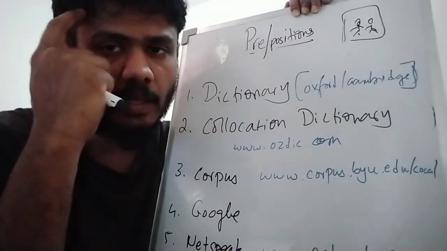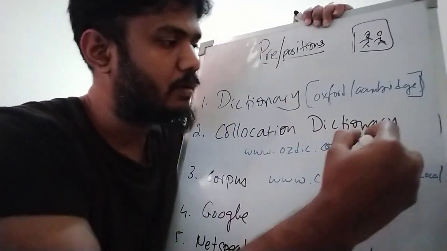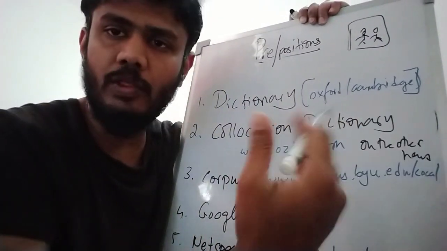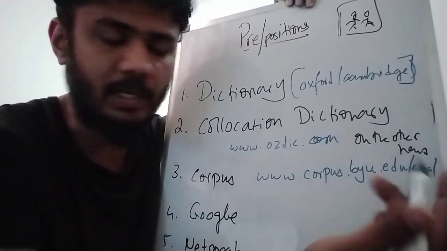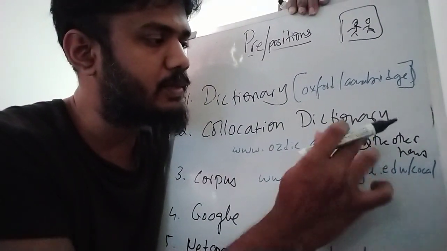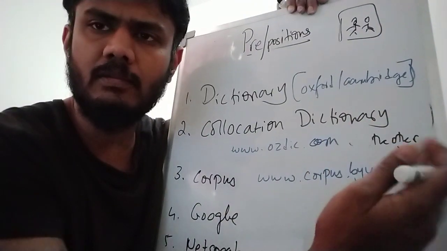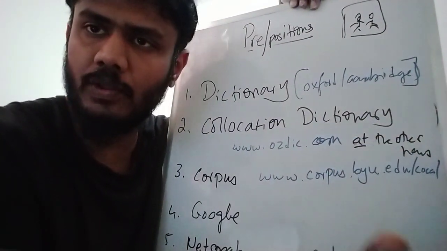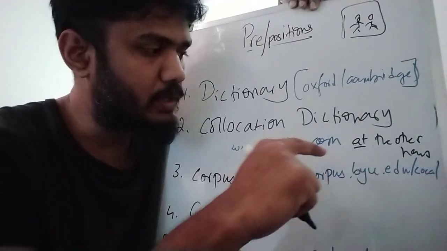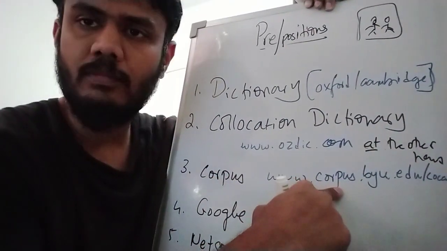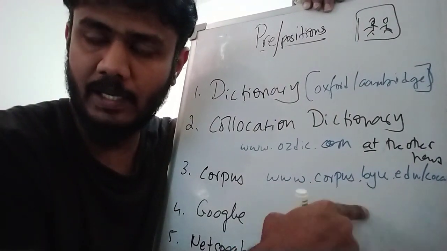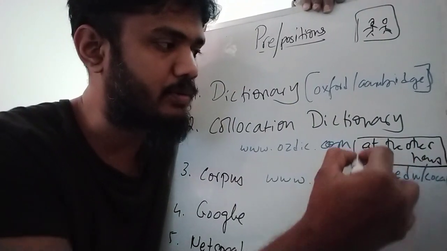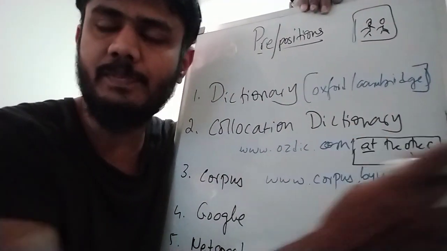For example, you say something like on the other hand, right? On the one hand, this is happening. On the other hand, that is happening. Now, if you're not sure whether it's at the other hand or on the other hand, you can type at the other hand on their search engine and see how many times they have found this particular phrase.